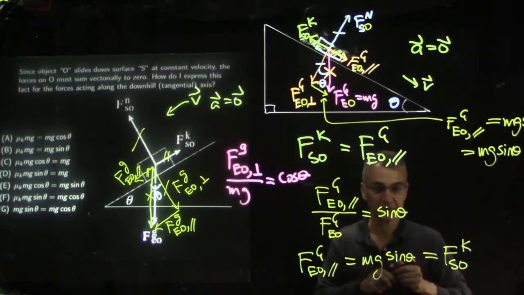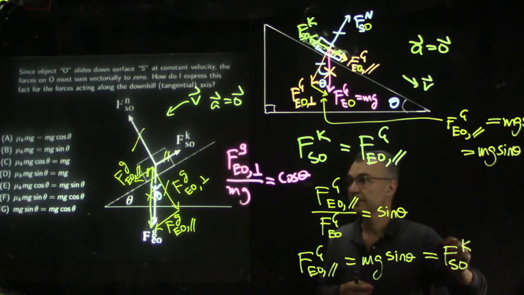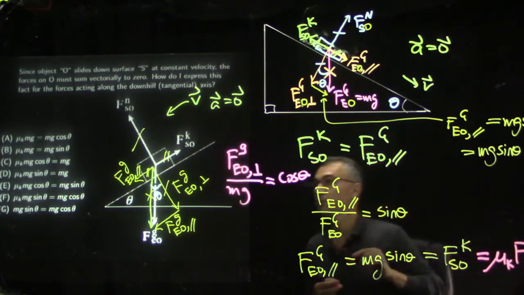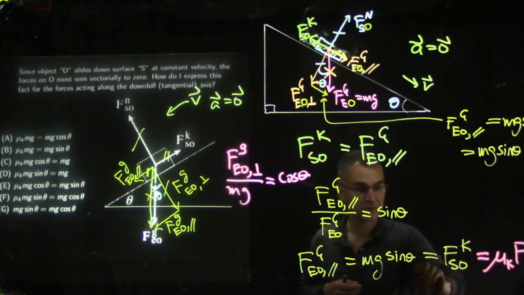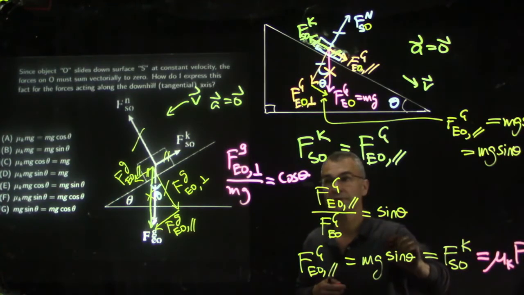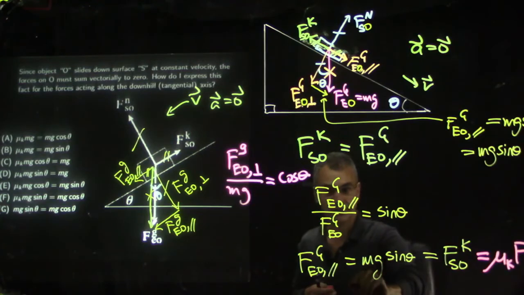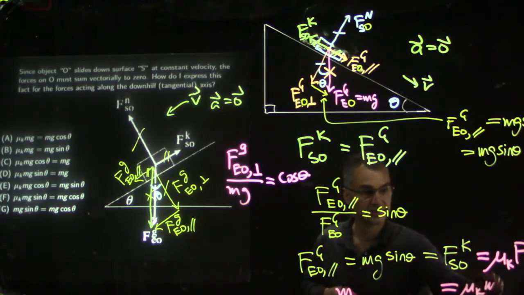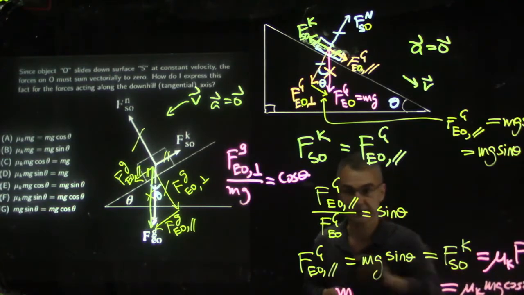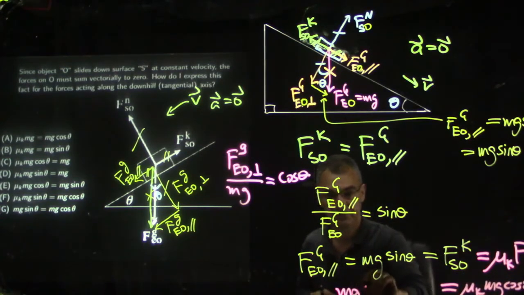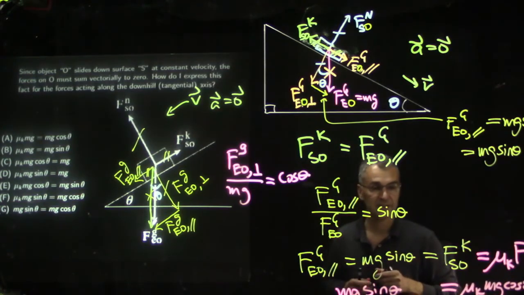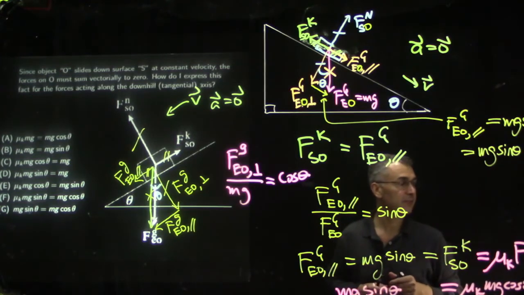So we take this statement and then we can add to it the statement that this equals mu kinetic times F normal, which is, F normal is mg cosine theta. So you see this is mu kinetic mg cosine theta, and meanwhile we showed a couple pages ago that this equals mg sine theta. So mg sine theta equals mu kinetic mg cosine theta.